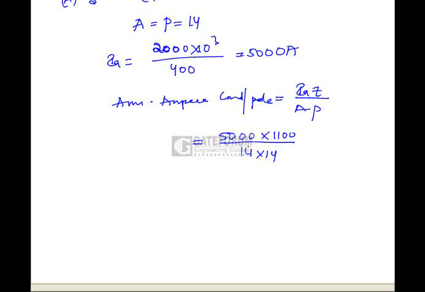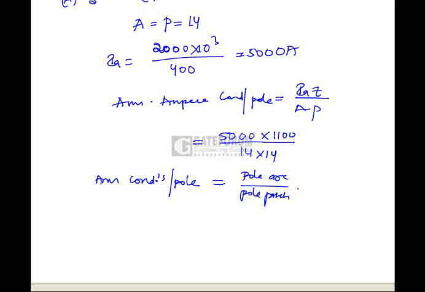Now what we have to find here is the compensating winding conductors per pole. Before finding that, what are the armature conductors per pole to be compensated by the pole phase winding? That we have to find. Armature conductors per pole to be compensated by the pole phase winding: he has given the pole arc by pole pitch ratio as 0.7.